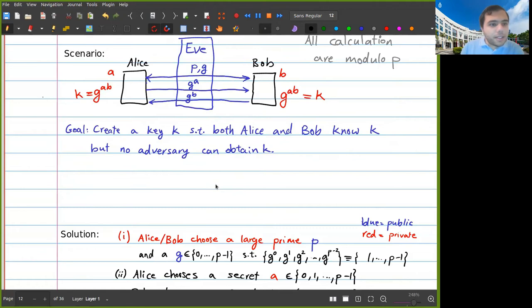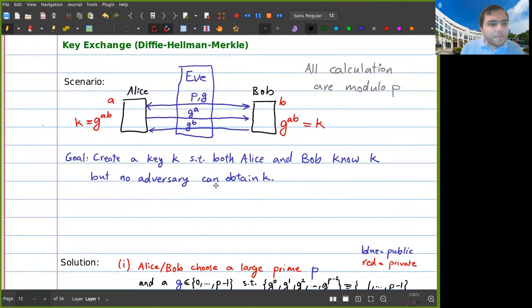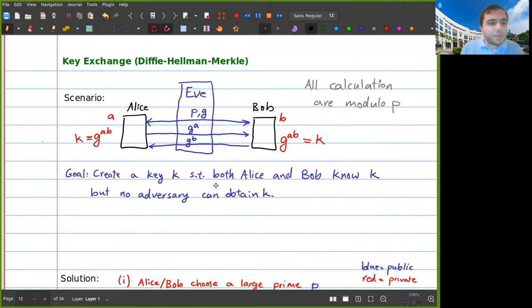A nice thing that is in the chat is that someone says Eve can pretend to be Alice and talk to Bob, and then pretend to be Bob and talk to Alice, and she can basically tamper with the key. Yes, so this is called a man-in-the-middle attack, and actually, in this case, Diffie-Hellman is vulnerable to this kind of thing.